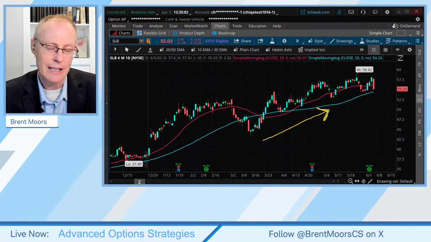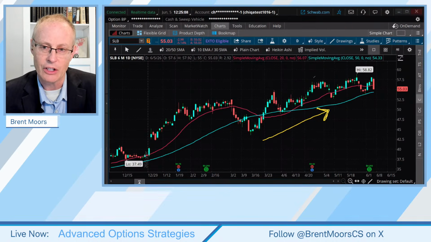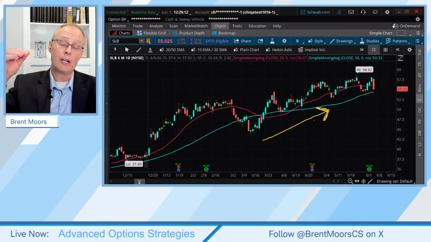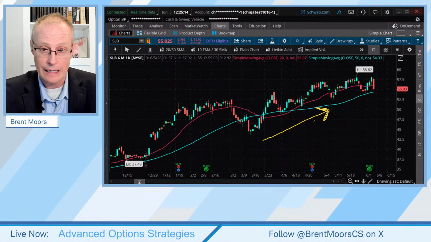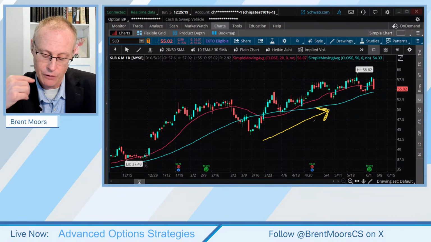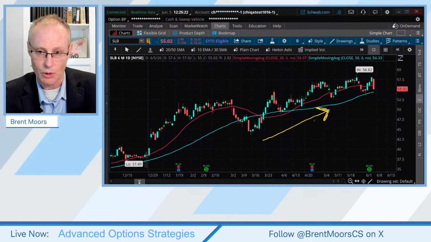Not just bull flags, in any bullish scan you can probably find some candidates. Number one, make sure you double check for liquidity on any individual contract that you do.